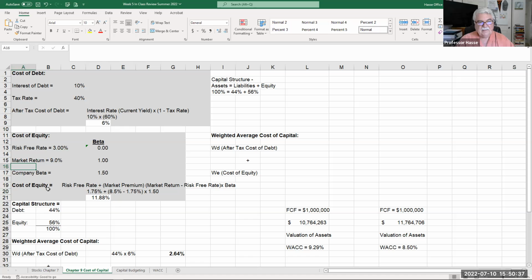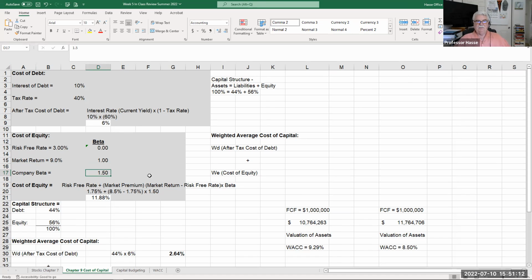And this company, with the capital structure of 44 and 56%, this company's current beta in the market is 1.5. That's its current risk in the market. Hopefully some of you remember beta, but beta is a statistical standard deviation risk analysis comparing the returns of a stock of a company over 4 or 5 years, every quarter, compared to the average return in the market.